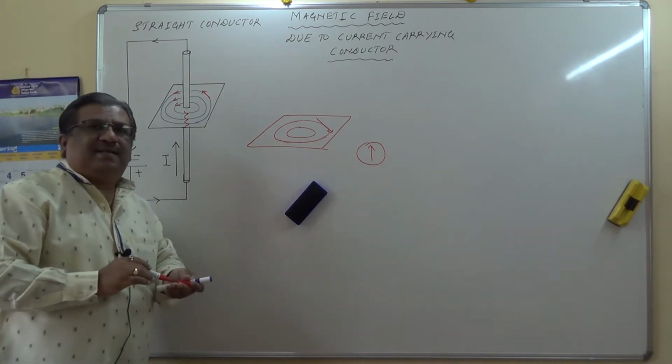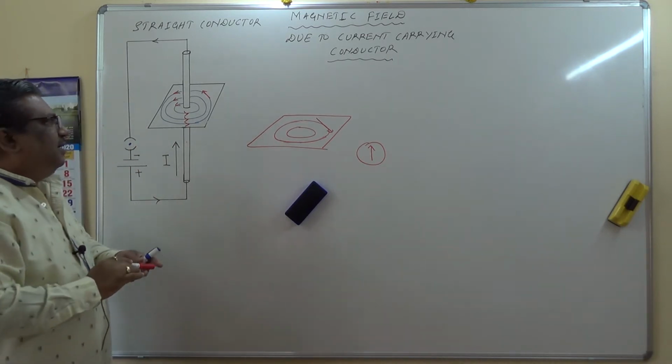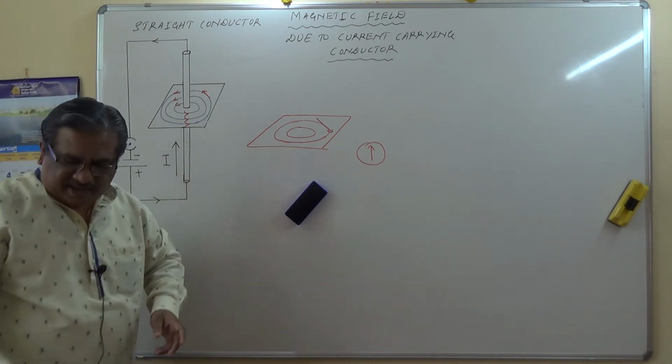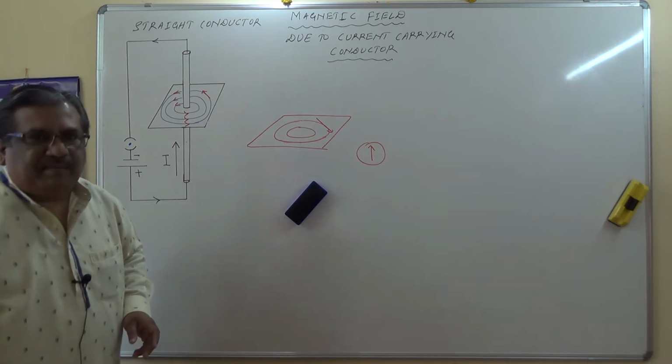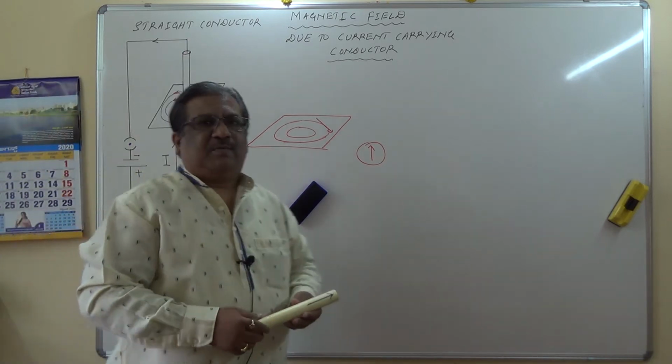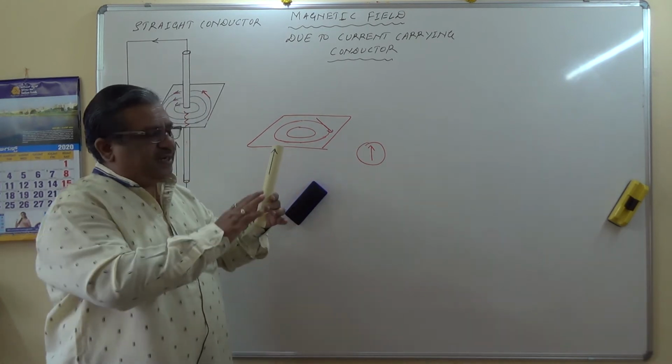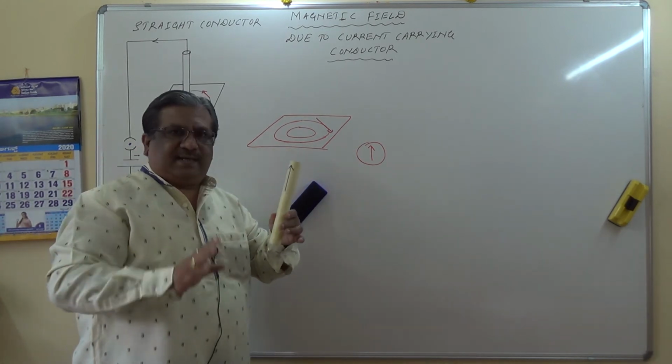But there is an alternate way of finding the direction of magnetic field lines. What is that alternate way? That is called the thumb rule. What does the thumb rule talk about? Let us imagine that this is a conductor which is carrying electric current.